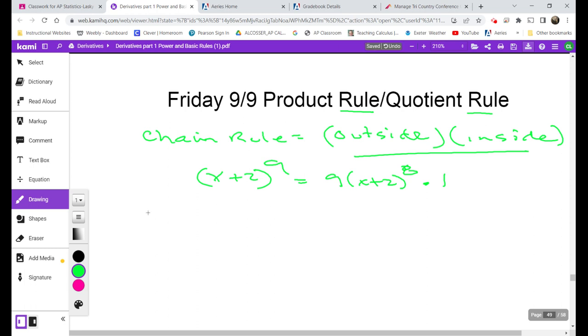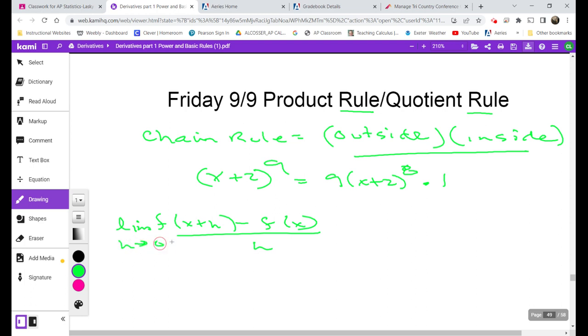These rules are there so that we don't have to do our big, long definition of a derivative. People have done that for us when we didn't have computers.